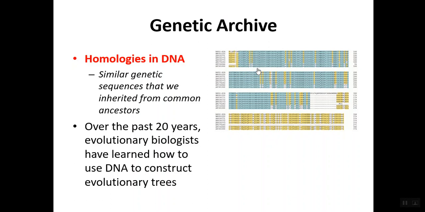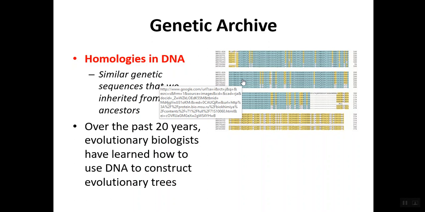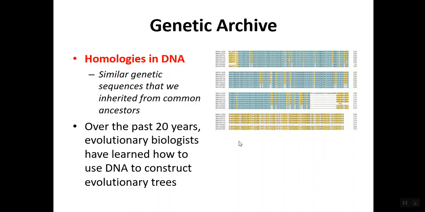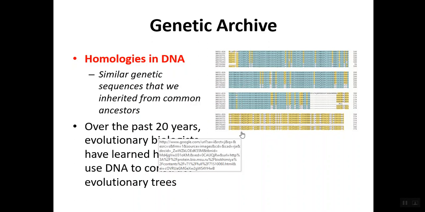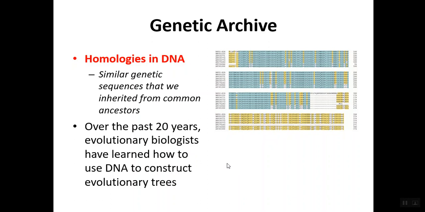How similar are these sequences? Don't get scared, this is very compressed. If you zoom in, these are sequences that refer to comparing sequences in the DNA or in proteins of different organisms.